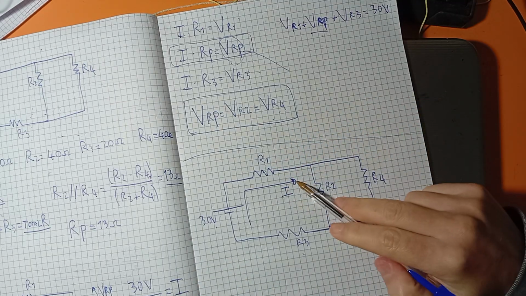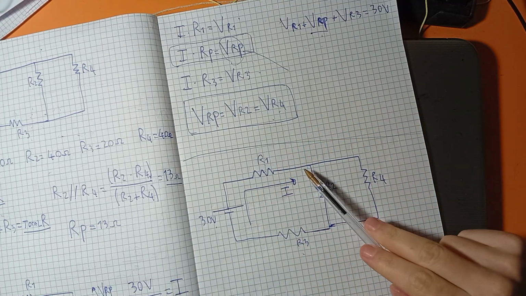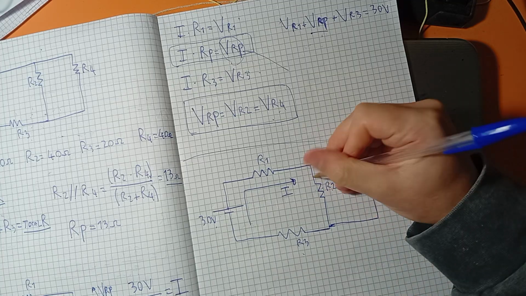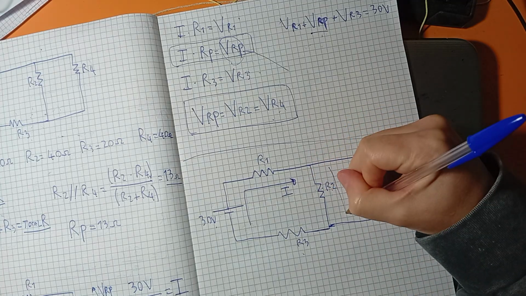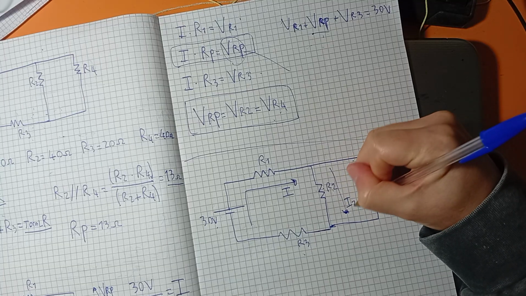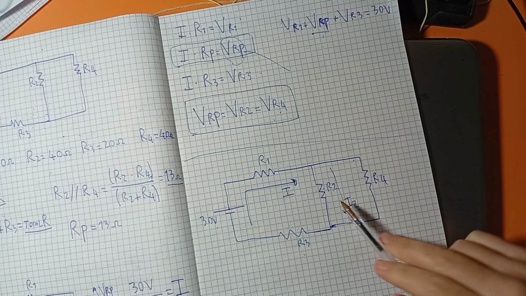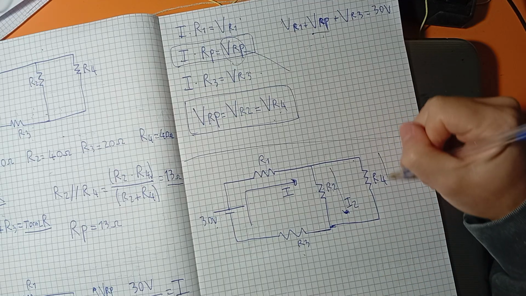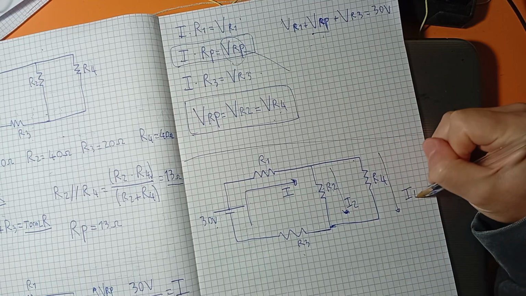But once this total current arrives here, it will divide into two smaller parts. Let's call this one I2, because there is R2 here, and this other current I4.